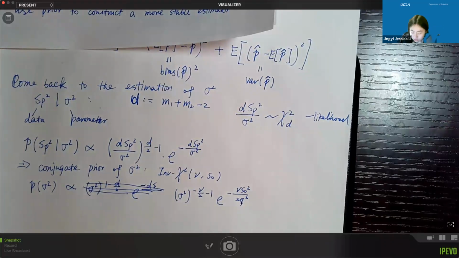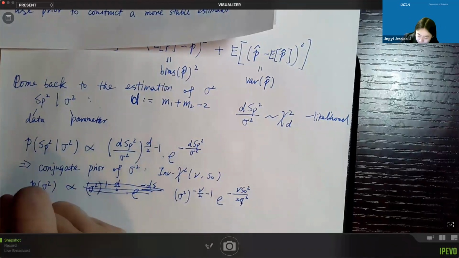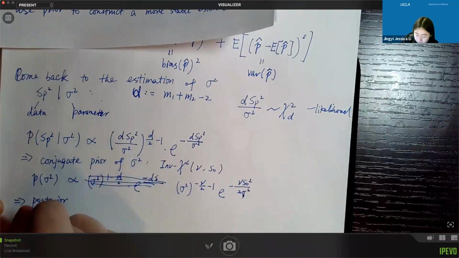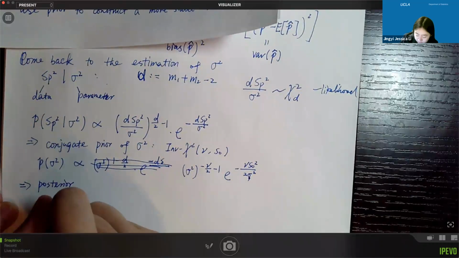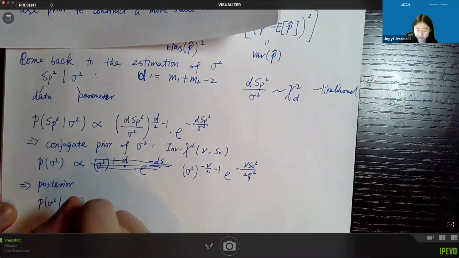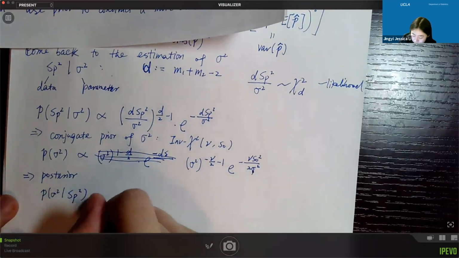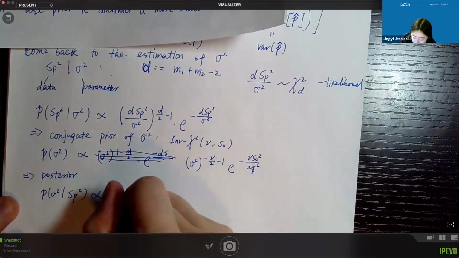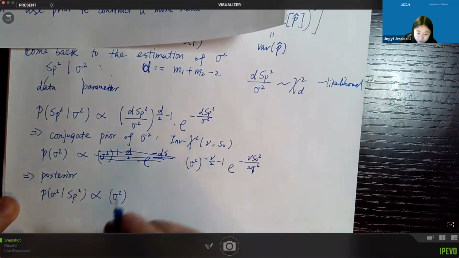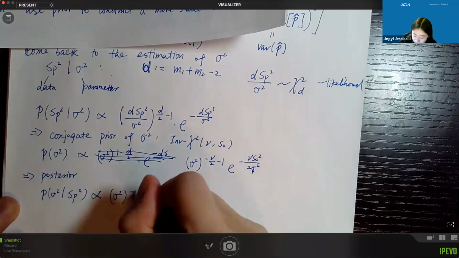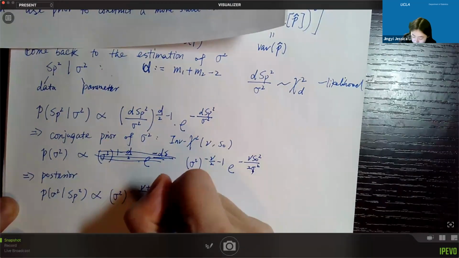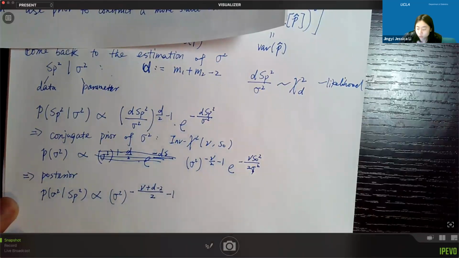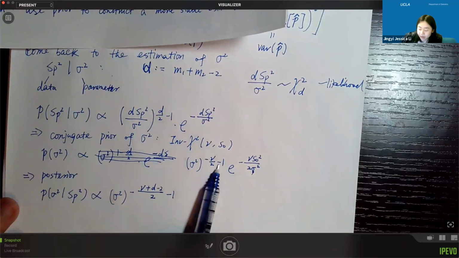So just by doing so, you can see that I can have the posterior, which is P of sigma squared given SP squared. This will be proportional to, after algebra and simplification, sigma squared to the power of nu plus d minus 2 over 2 minus 1. I want to keep this form, something minus 1.